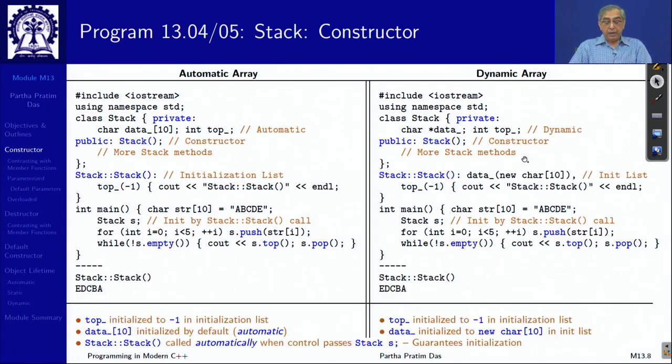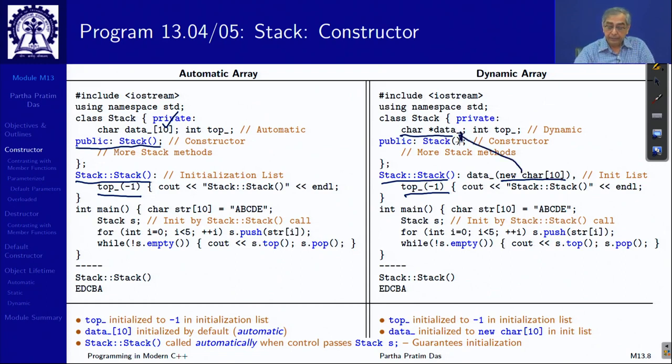For example, here I have given the constructor of the stack. Outside of the class, it is qualified by the class name. I initialize top because this is an automatic array, whereas here it is a dynamic array. So in the constructor I initialize top, but I also need to dynamically create an array and put that pointer to data.